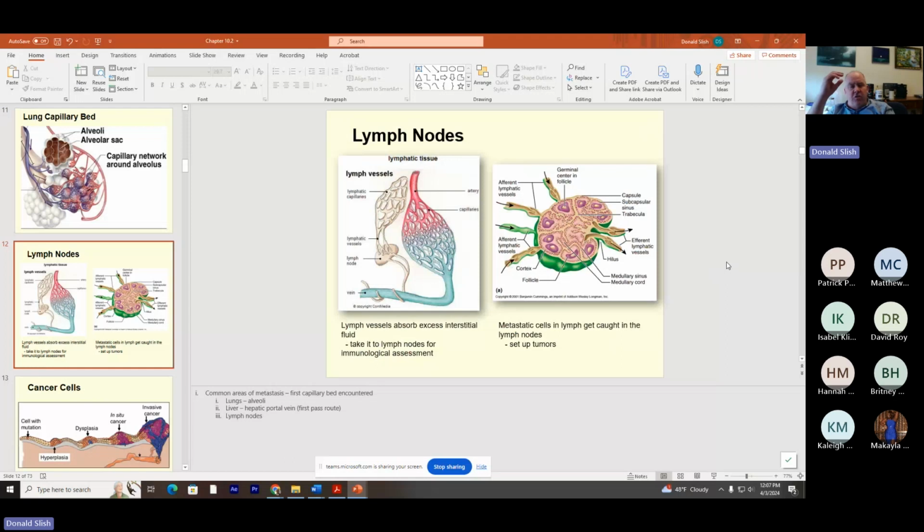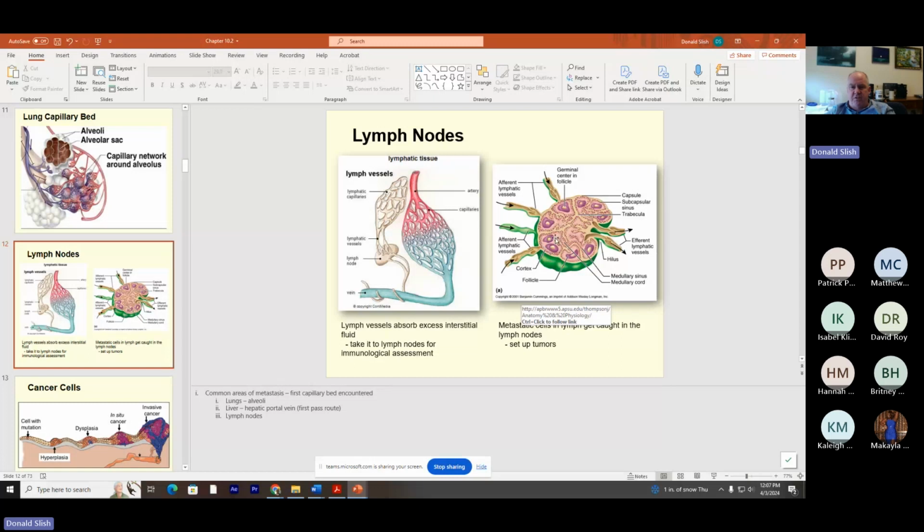On the other hand, for your lymph, lymph is soaking up all the extracellular fluid around, and if your metastatic cells get into that, they make their way up to the lymph nodes. And now here at the lymph nodes, again, they're going to get slowed down and stopped.